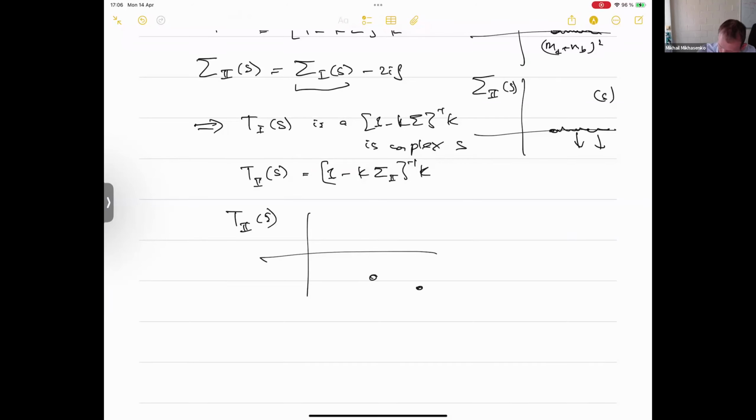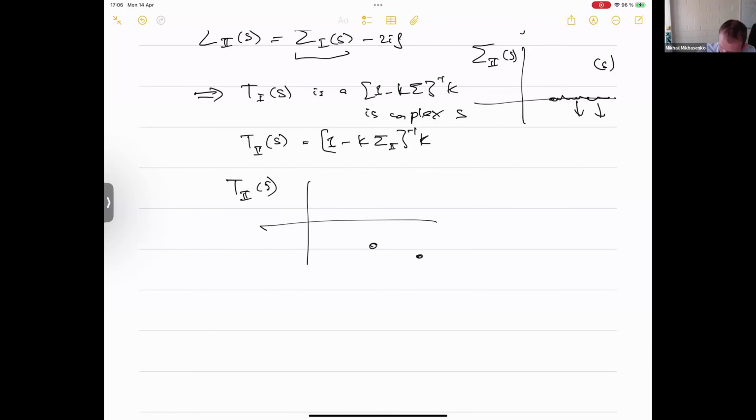So there are two points, and what I'm going to determine is their position. The position of the resonance is characterized by the mass and width, the real and imaginary part of the square root of the position. And these are called pole parameters for the resonance.